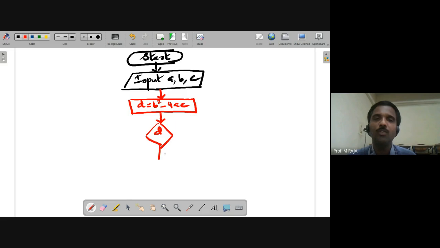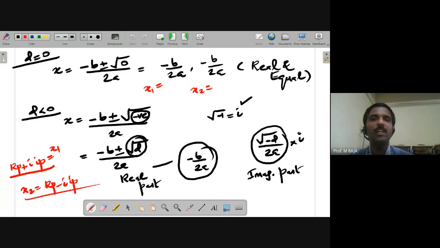Suppose if d is equal to 0, d question mark. Here I am writing if d is equal to 0. If d is equal to 0, what we have to find? We need to find x1 is equal to minus b by 2a, x2 is equal to minus b by 2a, and you need to give the message roots are real and equal.